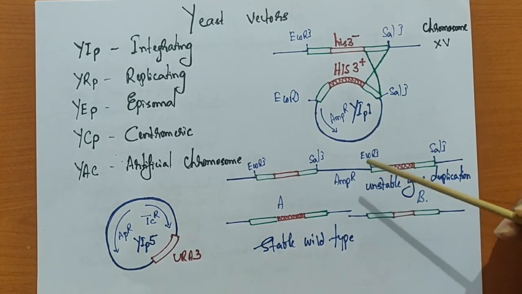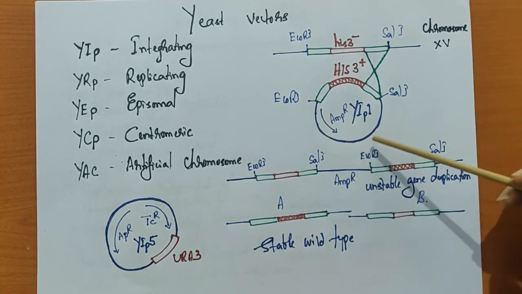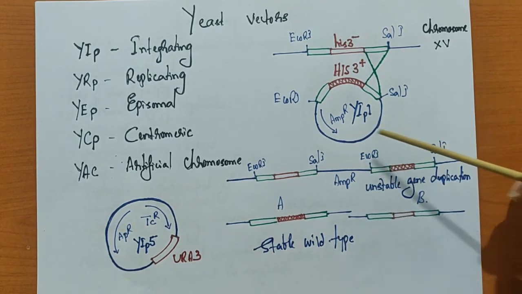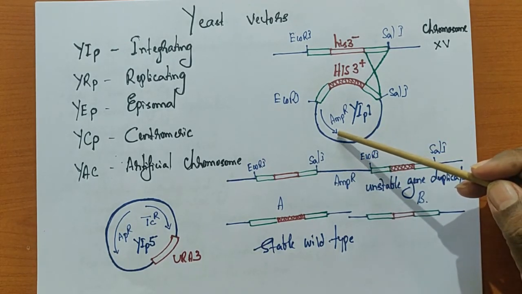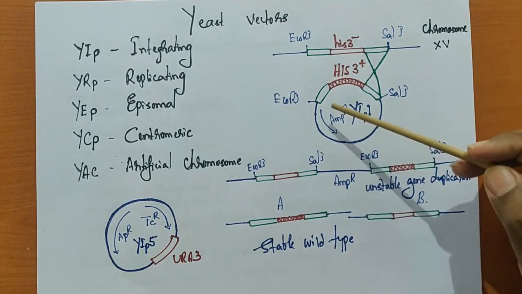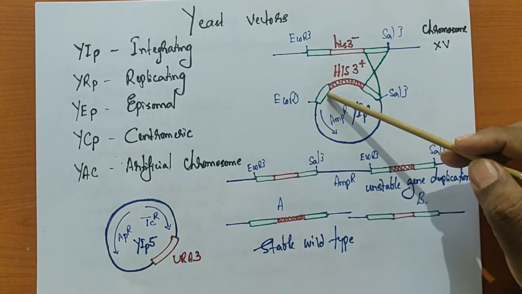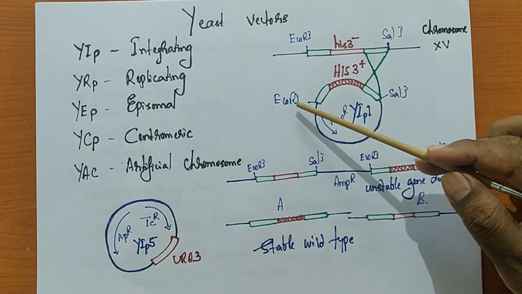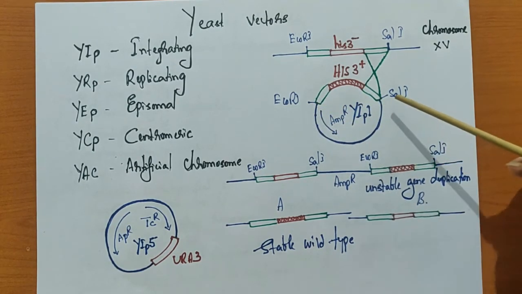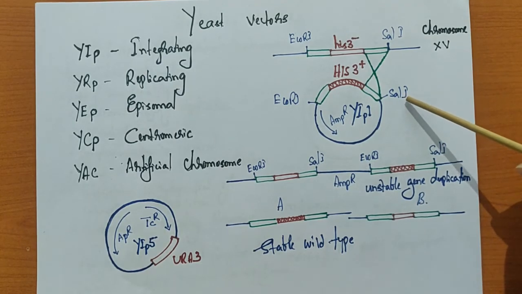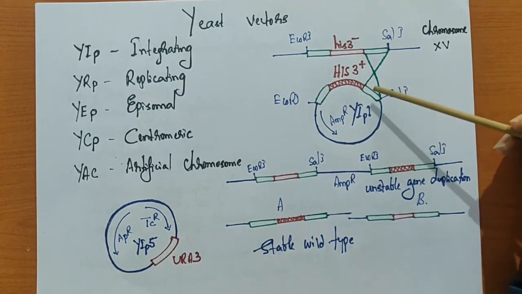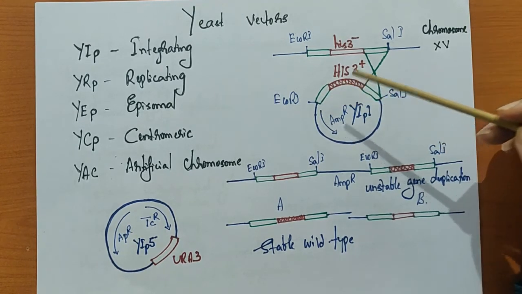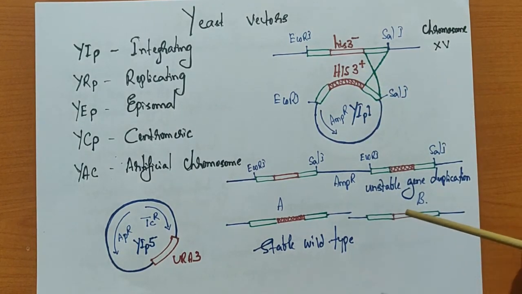I told you this is a plasmid vector derived from pBR322, also has an ampicillin resistance gene. Now this has got a repetitive unit. On one side we are going to have an EcoRI site, and on another we are going to have a SalI restriction site, but this is a repetitive unit. This repetitive unit is important for what we call homologous recombination.